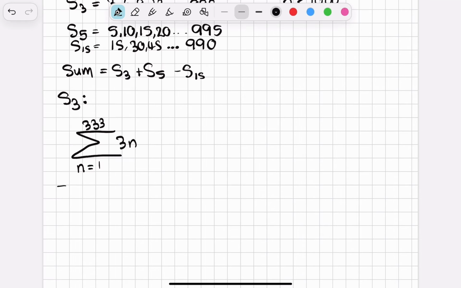We've got 166,833. Now S5. The range for this summation is 1 to 995 divided by 5, which is just 199.